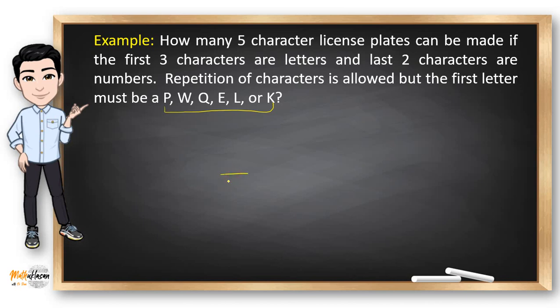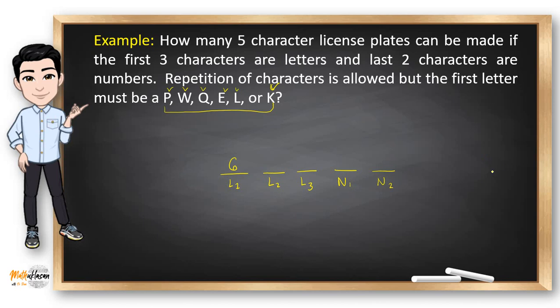So we have, say, letter 1, then letter 2, letter 3, and then number for the two remaining, right? Two characters. So we have number 1 and then number 2. All right, remember, the first letter must be just these choices. So we have 1, 2, 3, 4, 5, 6. We have six choices for the first one.